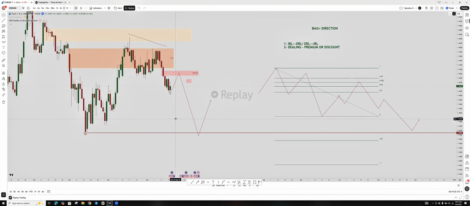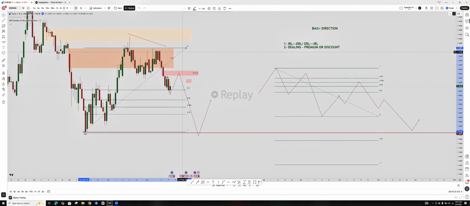So you see, this is the easiest way to take the bias. But then again, you will find yourself trapped if you are looking for shorts in a discount, or if you are looking for longs in a premium. What I mean by that is, now if I take this range, I will use the body, not the wicks. If I take this range from this range low to this range high, I'm using the body.